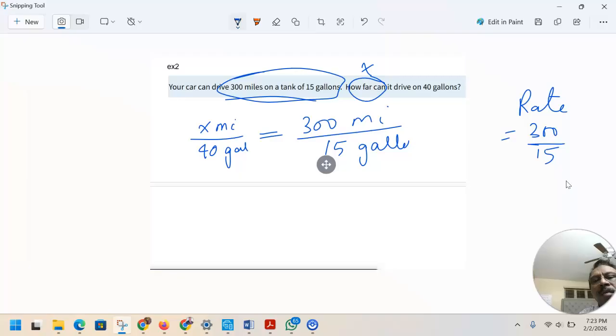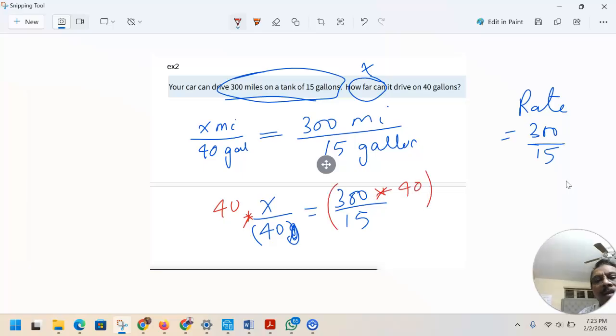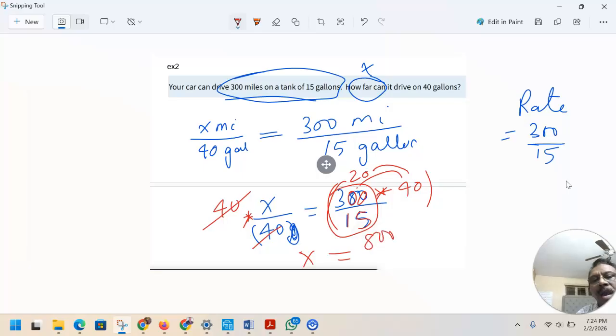This is as good as writing 40, just the numbers. The denominator here is the number and x is in the numerator, so multiply by 40 on this side and multiply by 40 on this side. The 40s cancel and x equals 300 divided by 15 times 40. We already worked this part out: it is 20. When you multiply 20 by 40, you get 800 miles and you're done.